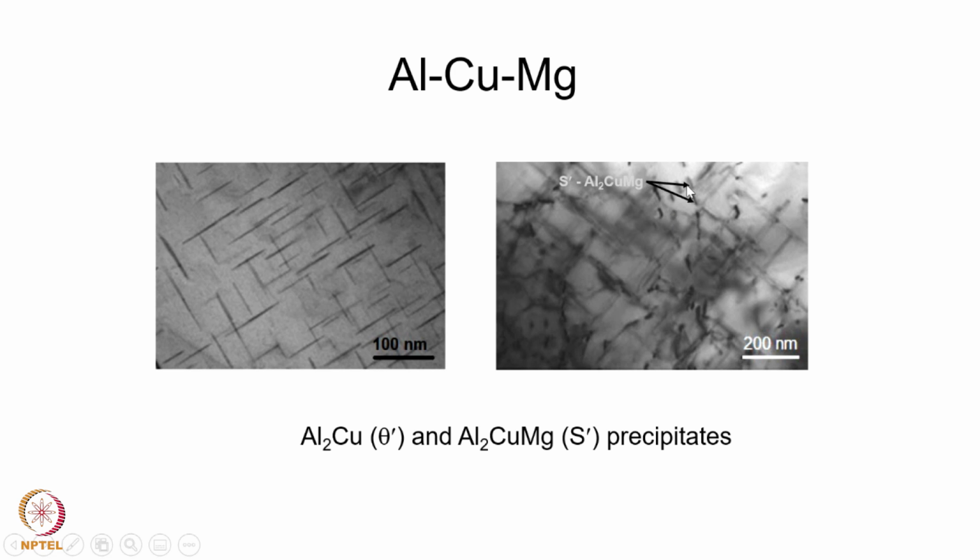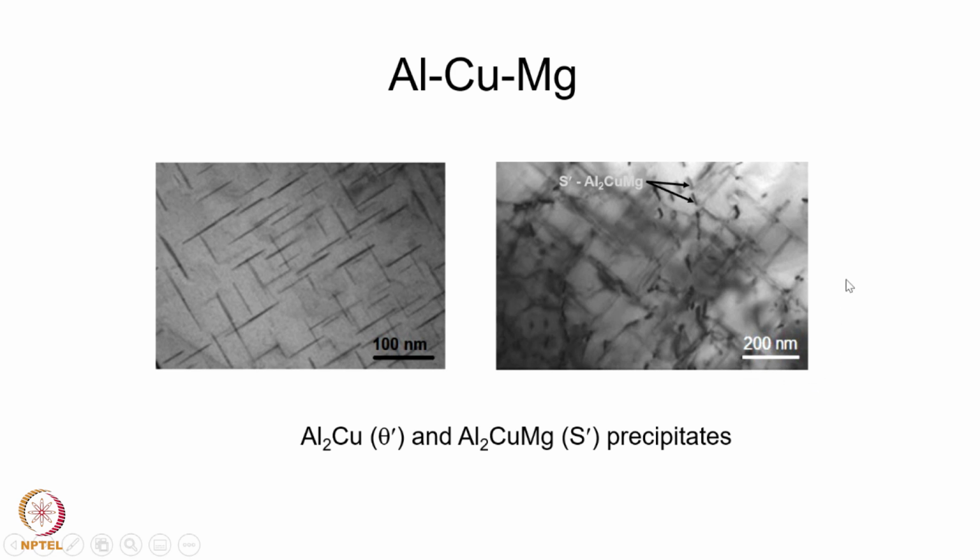So you can see this needle kind of morphology around this area, for example. So these are the S prime or Al2CuMg precipitates. So these are the precipitate morphologies in the 2000 series alloy.